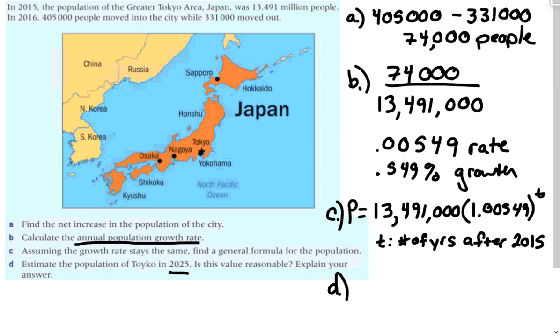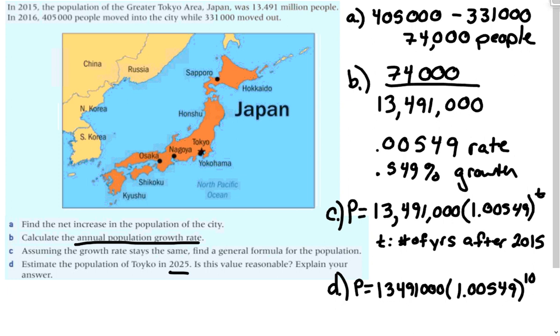So in 2025, how many years after? So that's where this comes in. How many years after 2015 is it? So it's 10 years later. So therefore, P equals 13,491,000 times 1.00549 to the 10th power. This value here, since I needed it later on, you need to have this value exact.